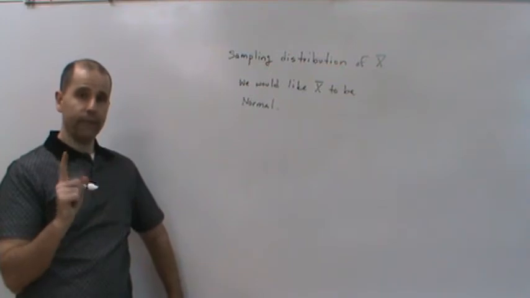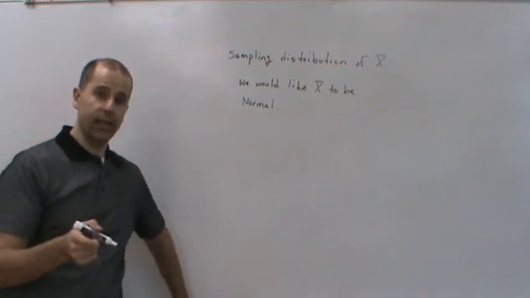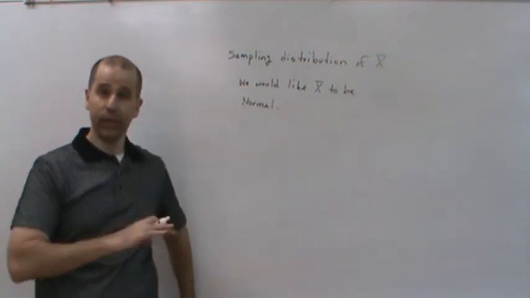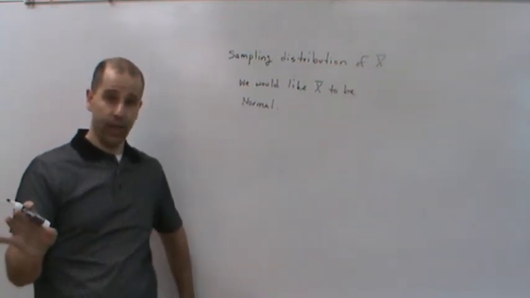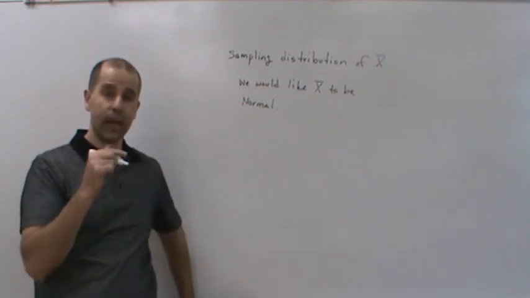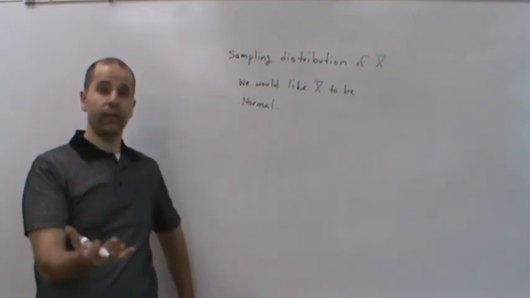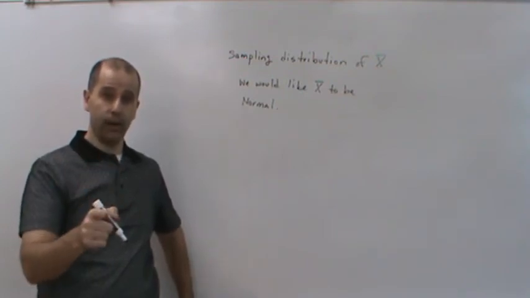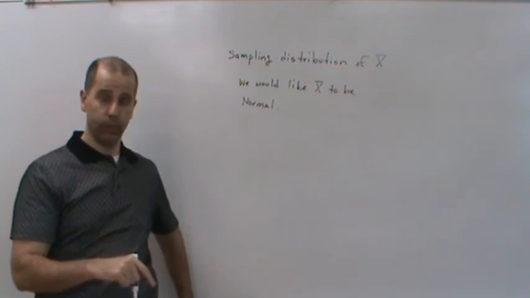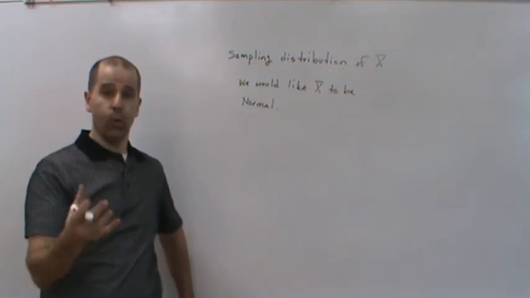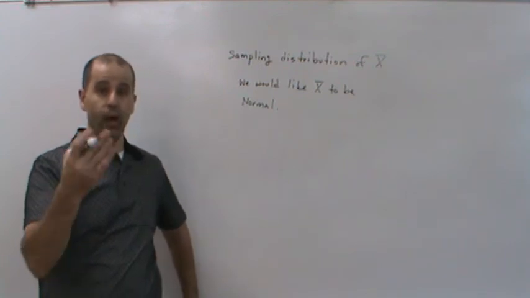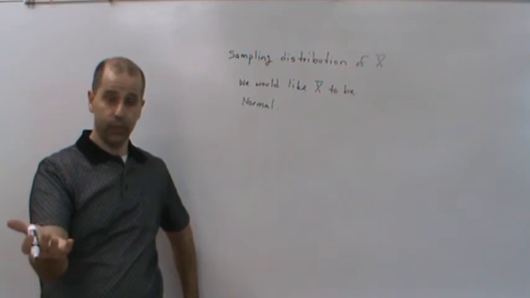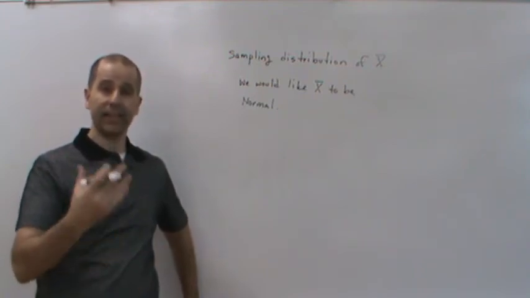And in fact, the central limit theorem works whether or not we know anything about the distribution of the population. So we don't need to know anything about the population as far as x. As long as our sample size is big enough, we can be assured that the sampling distribution of x bar will be approximately normal. Now, the question becomes, what is large enough? Typically it's a sample size of 30 or more. That's the central limit theorem.